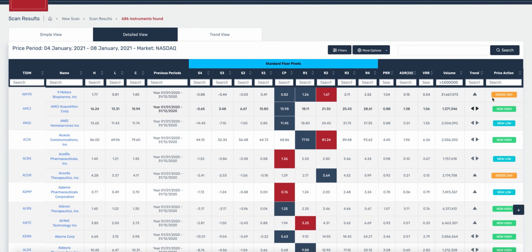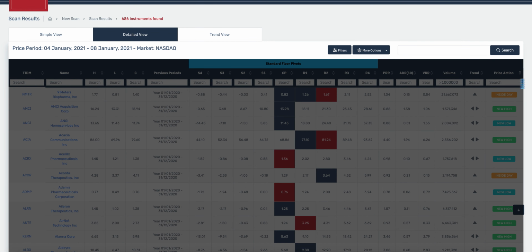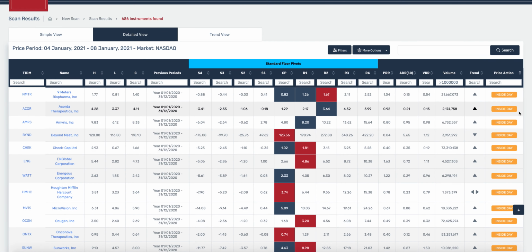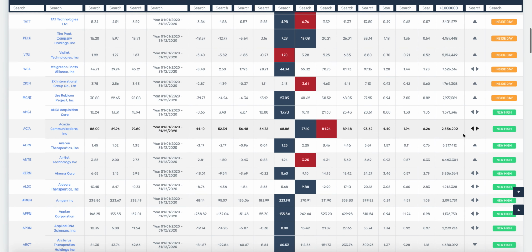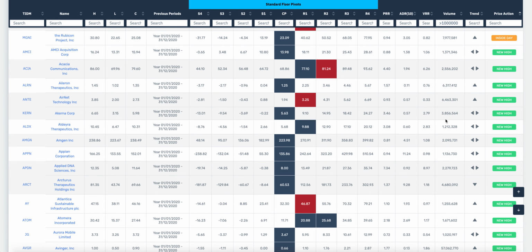And we've also got a price action column over here, which I'm going to sort by. Typically I like to look at the new highs being made, and there's a good decent average daily range, so we know that there's some action in the particular stock.